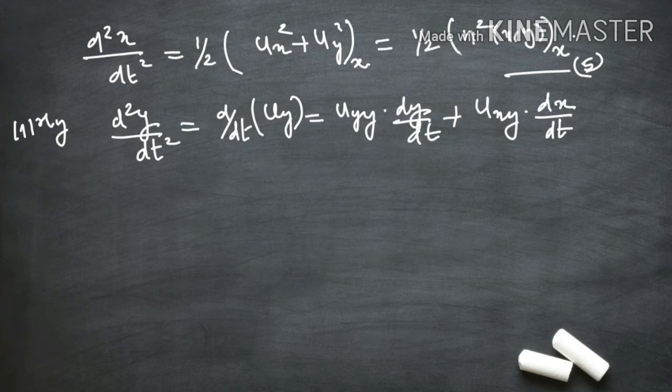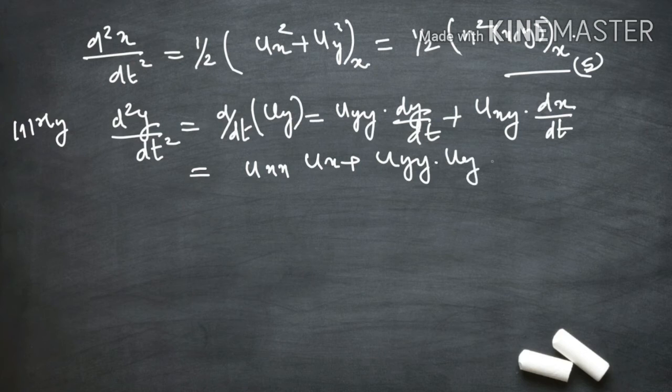Now dy by dt is uy and dx by dt is ux. This is equal to uxx ux plus uyy uy, which we have already proved is equal to half of the derivative of n square of x y with respect to y.